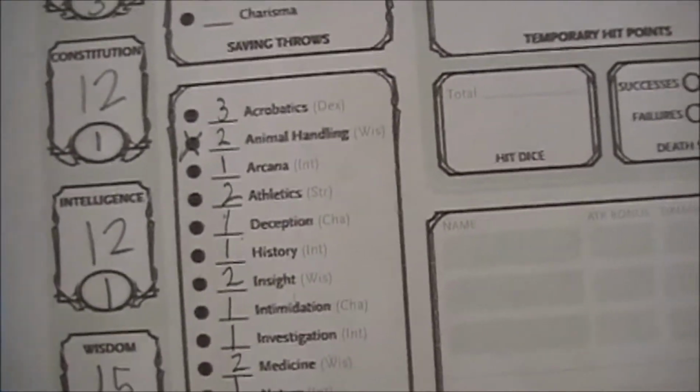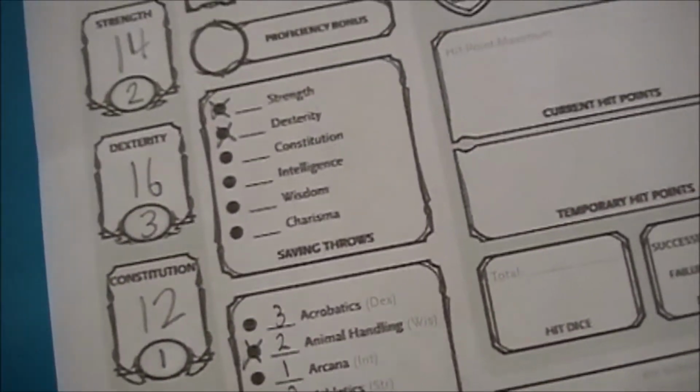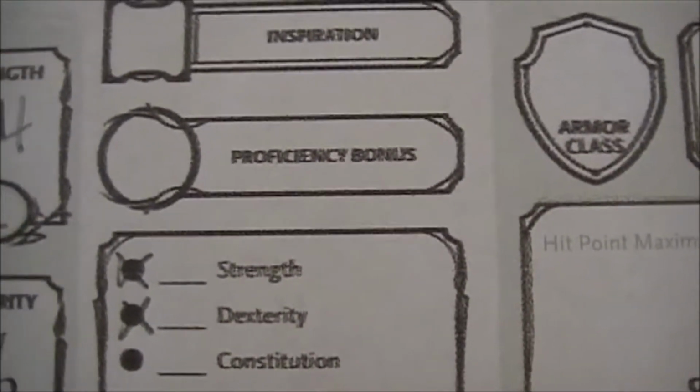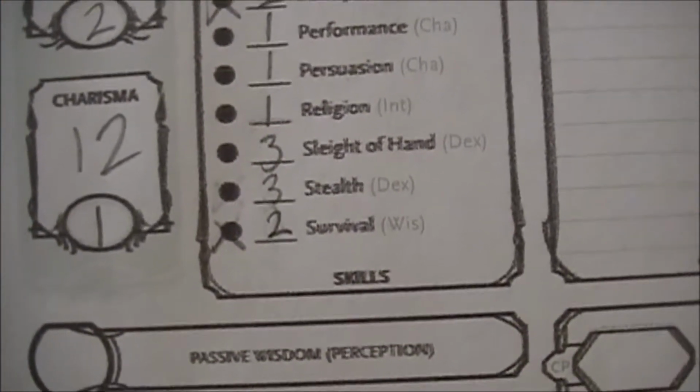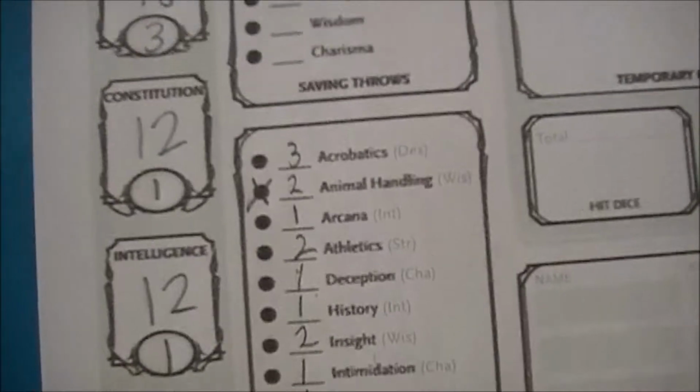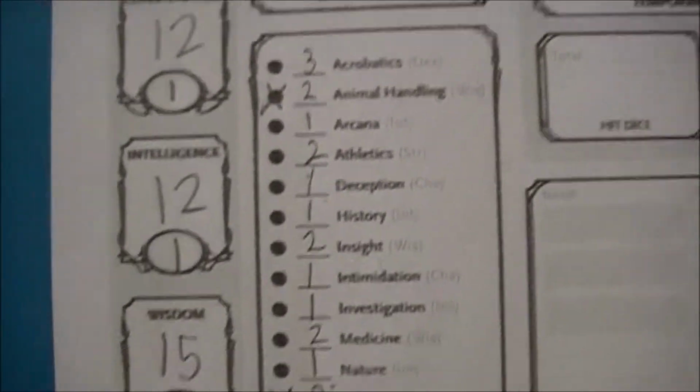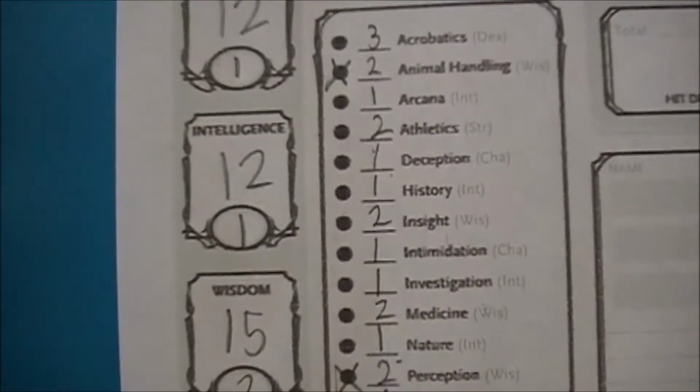So, depending on what level you start with, your proficiency bonus will be a different number, and that will get added to the skills you automatically start with. So that is rather important.